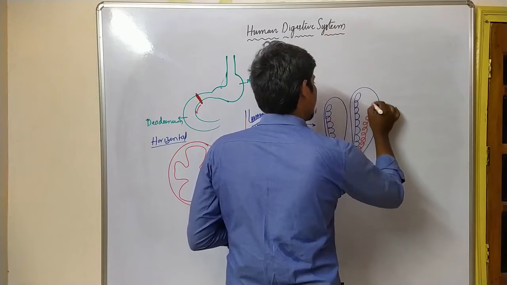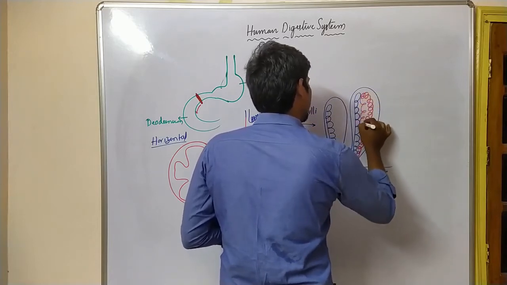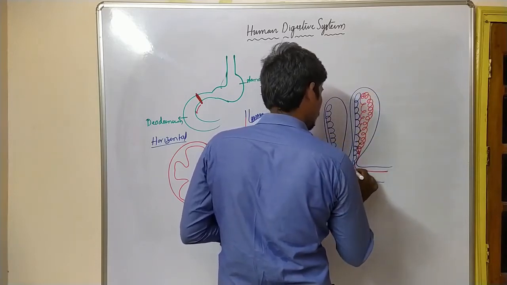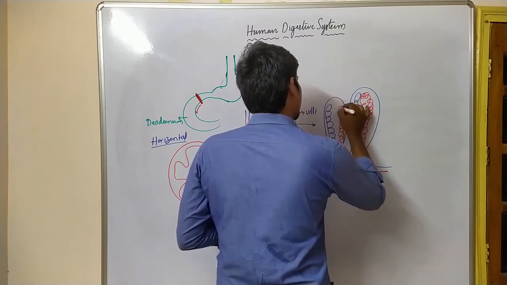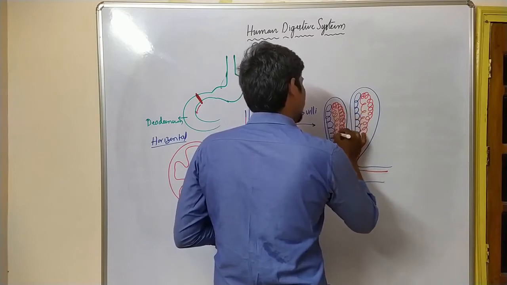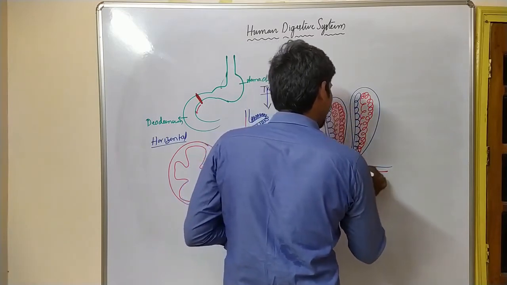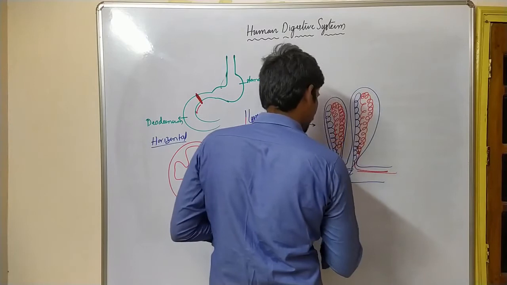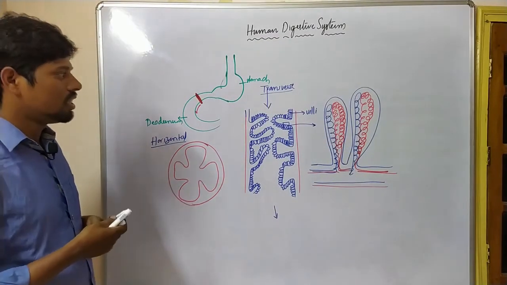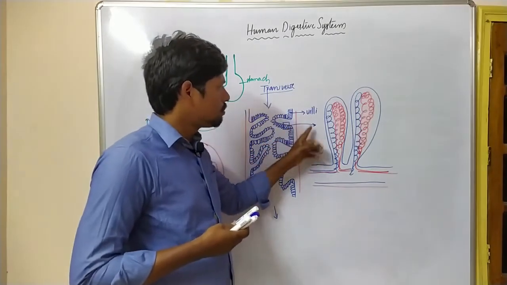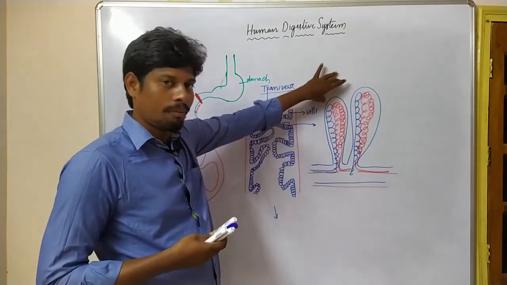These blood vessels collect the food items into the blood. So this is how the villi are present.